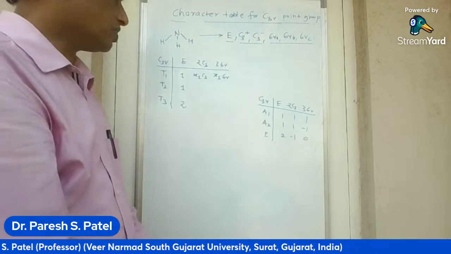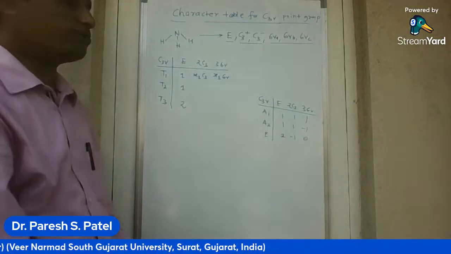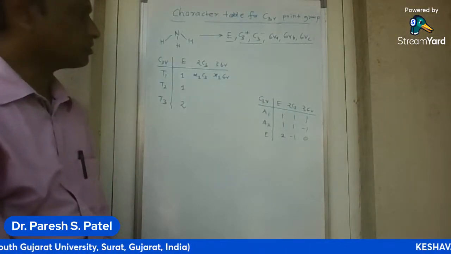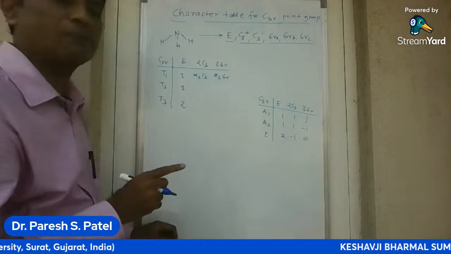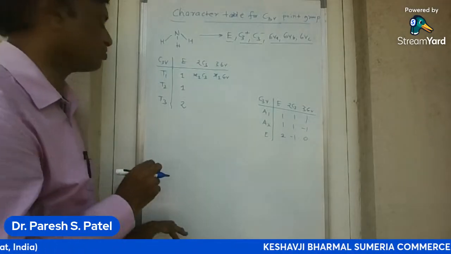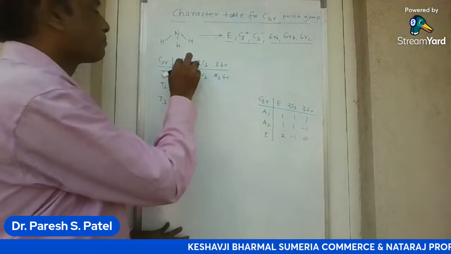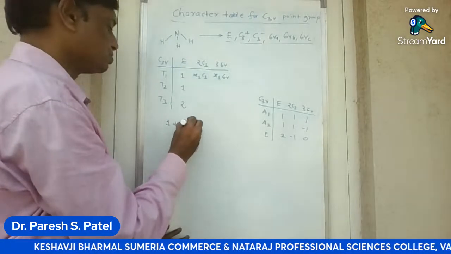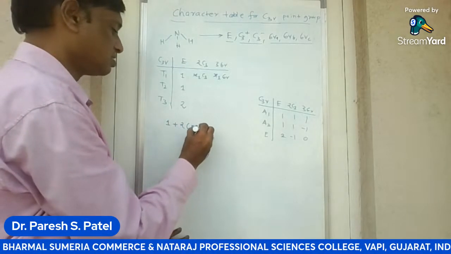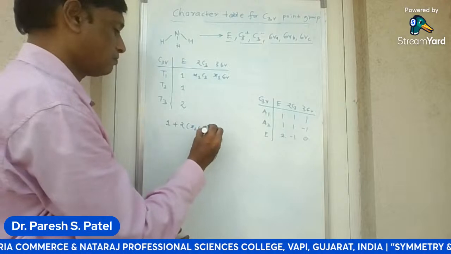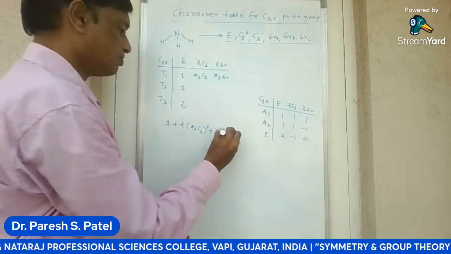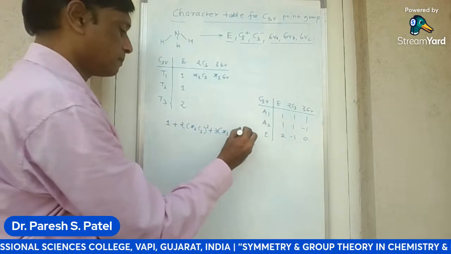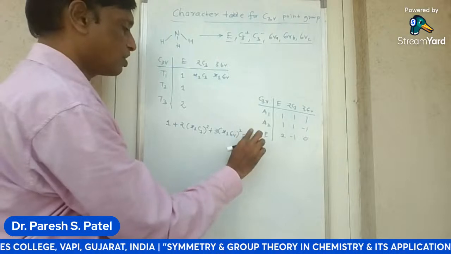According to rule number 3, the sum of the squares of the characters is equal to the order of a group. So 1 into 1 square, 1, plus 2 into character 1 C3 square, plus 3 into character 1 sigma V square is equal to the order of a group.